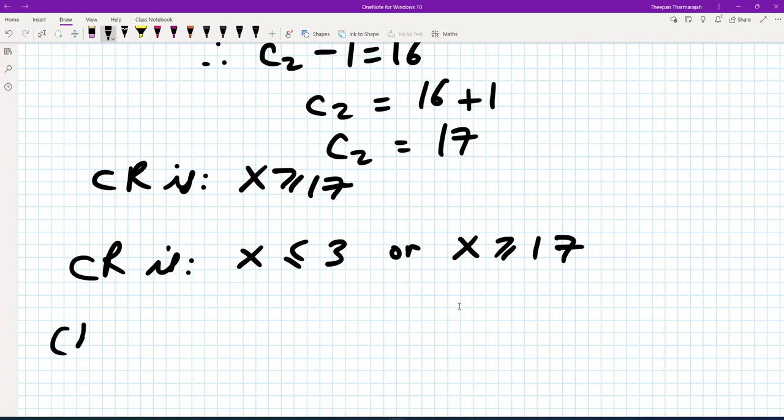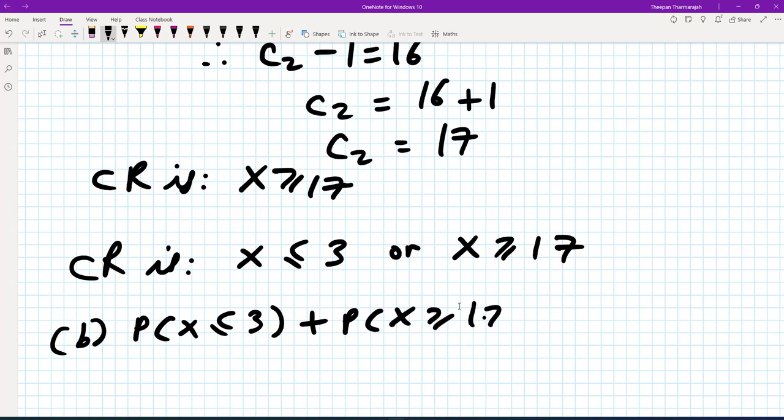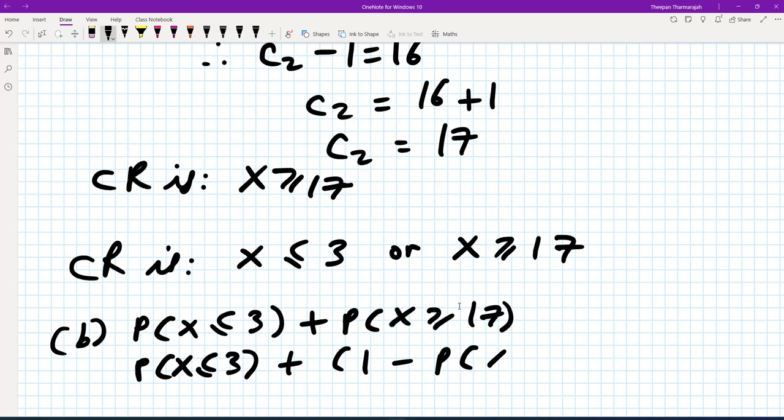So if you wanted to work out the actual level of significance, you would say it's the probability that X is less than or equal to 3 plus the probability that X is greater than or equal to 17. In other words, it's the probability that X is less than or equal to 3 plus 1 minus the probability that X is less than or equal to 16.